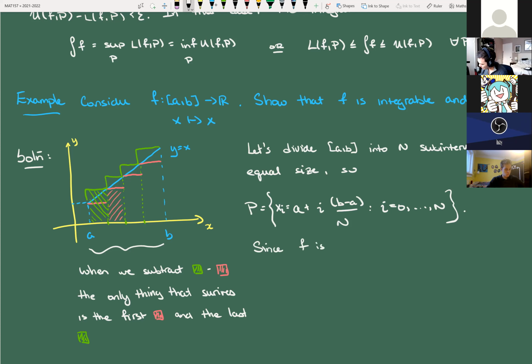Okay. Now, since f is strictly increasing, the sup of f on any interval [x_{i-1}, x_i] is the right endpoint. Since you showed us this formula, you don't need to rederive it on a test.